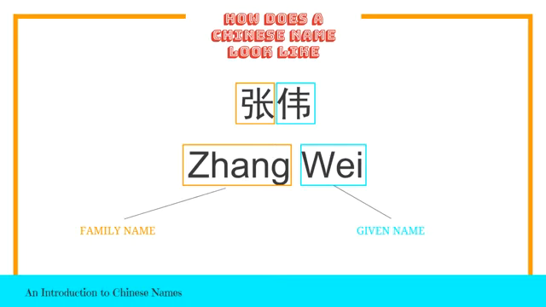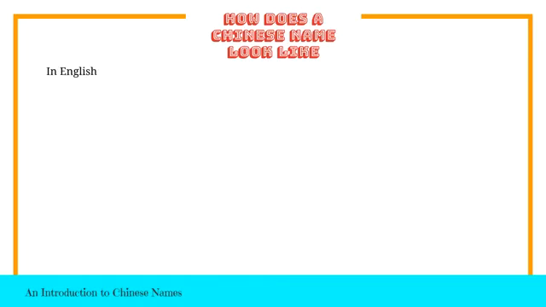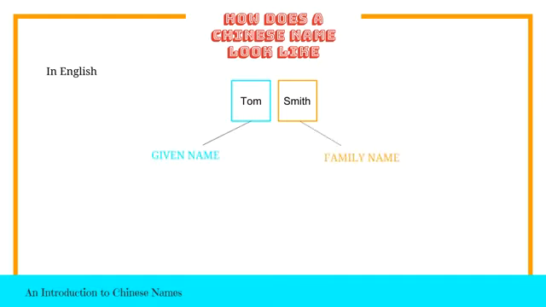What's the difference? The family name goes first. The given name goes second, right? In English, let's make up one name, Tom Smith. A very easy name. Tom is the given name, and Smith is the family name.